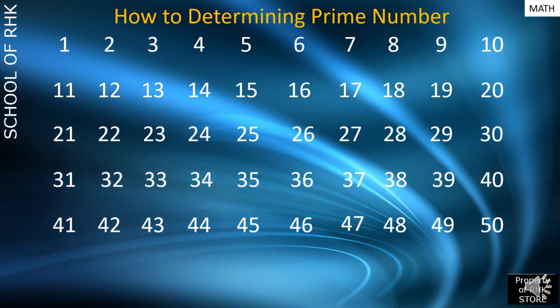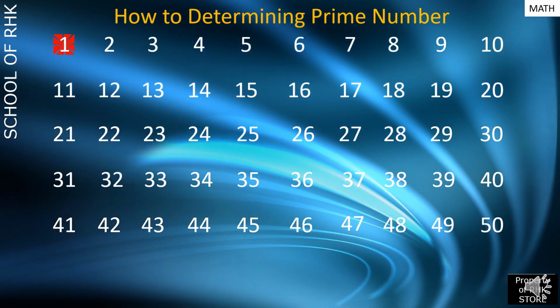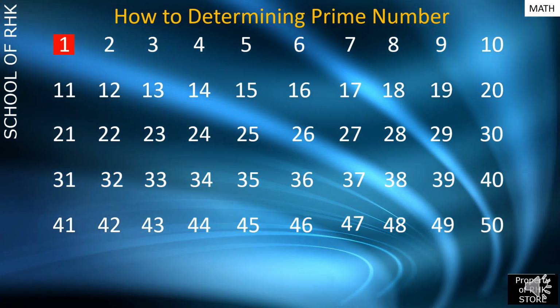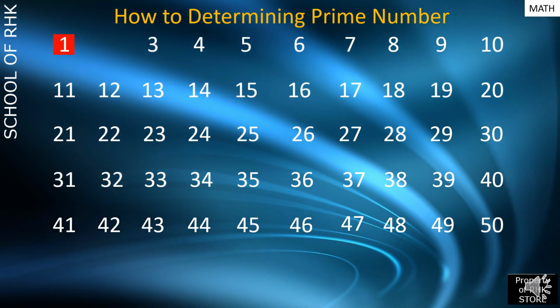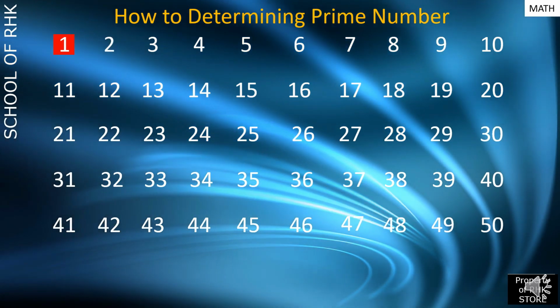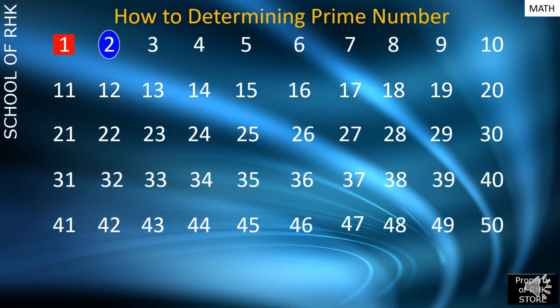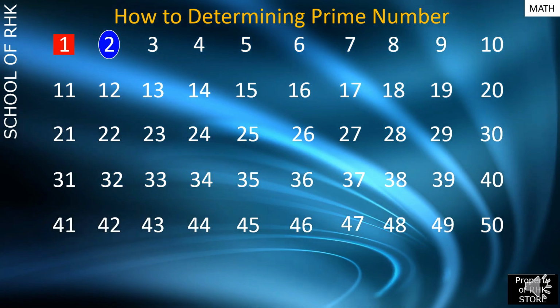We have already seen that 1 is not a prime number, so we will cancel it. The next number is 2. Let us mark 2 as a prime number. Now, let's cancel the multiples of 2.